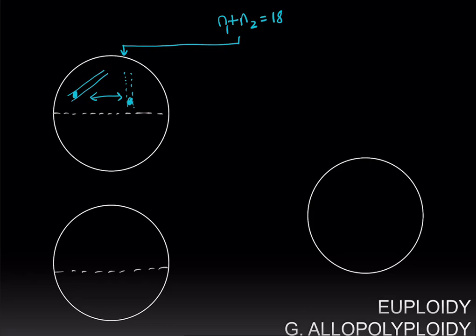And that implies that in anaphase, these chromosomes could segregate to either side independently of each other, so that you could end up with a situation like this, where both the Brassica and Raphanus chromosomes are on one side, and the other daughter cell receives no chromosomes, leading to aneuploid gametes.